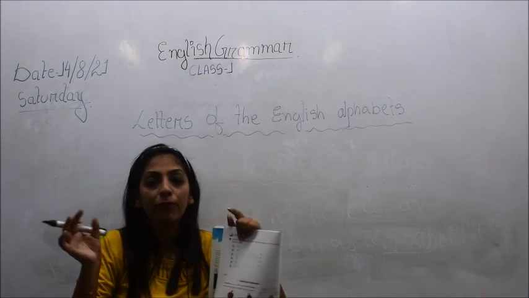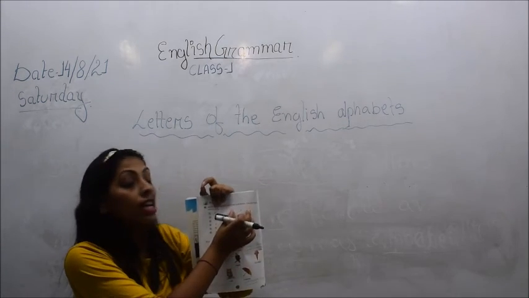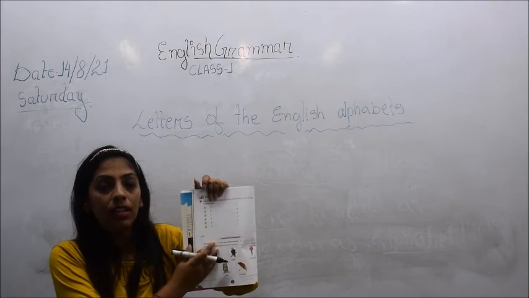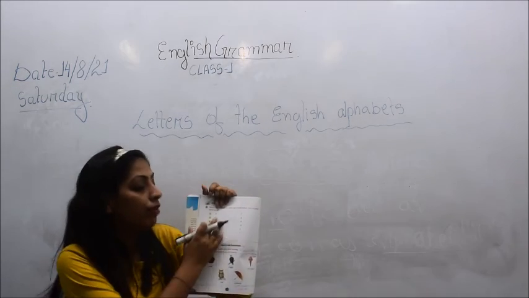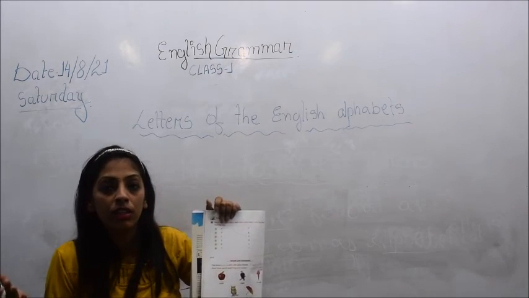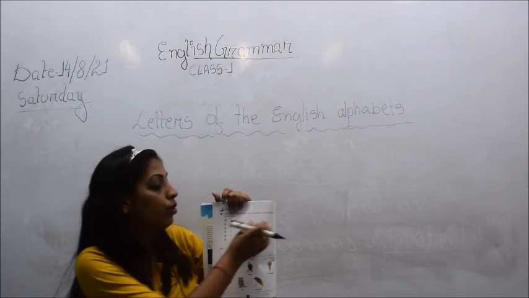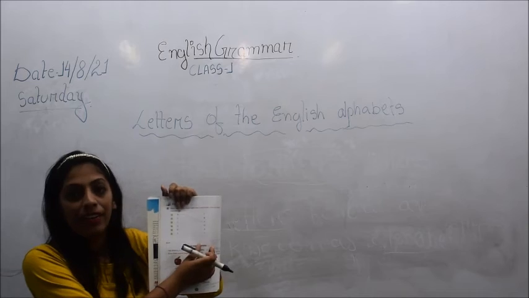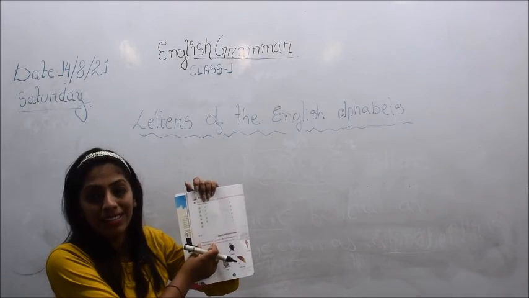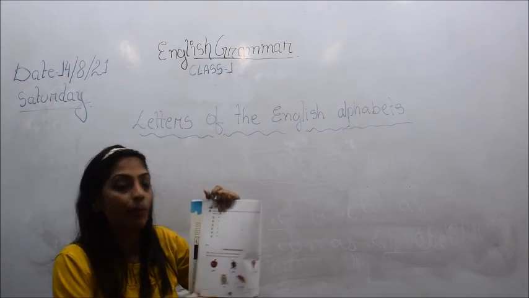That means you have to identify the small letters of all these uppercase letters, and do not get confused between uppercase and lowercase. Here the lowercase letters are written and here are the uppercase letters, so you have to match them.